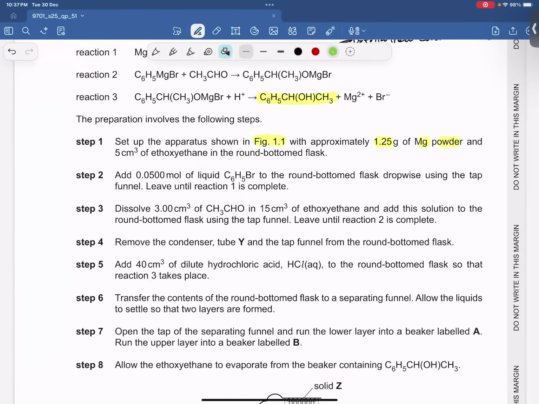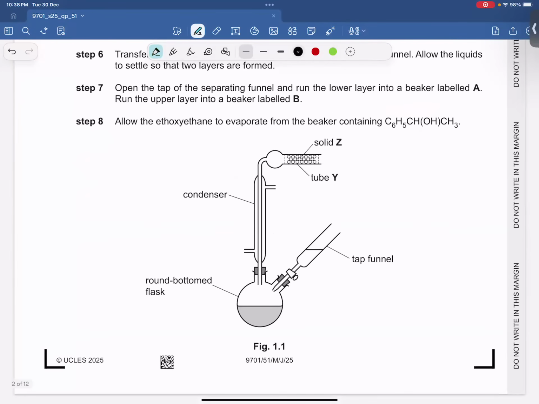Powder is used to increase the surface area, so the rate of reaction increases. And 5 cm cube of ethoxyethane in the round bottom flask. So in this round bottom flask, we have magnesium plus ethoxyethane.